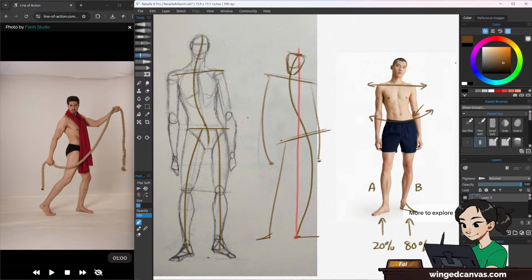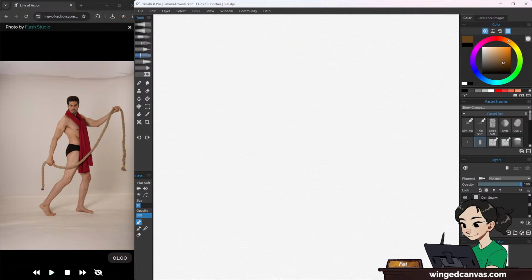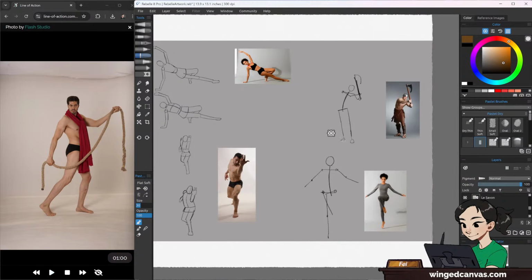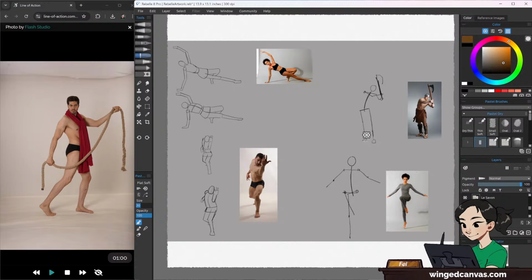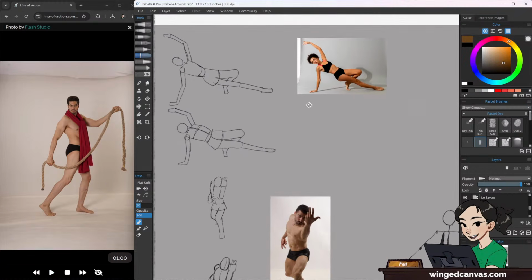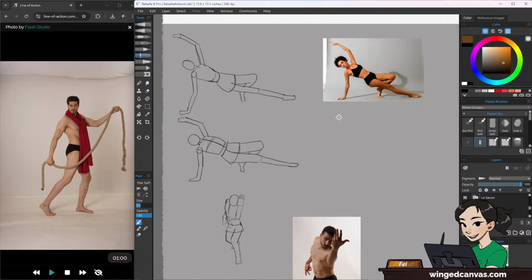Okay, so I have one more example here, from one of our students, Guy. All right, Guy, I know we've been talking a lot about gestures on the server, and you've had many questions about gestures.